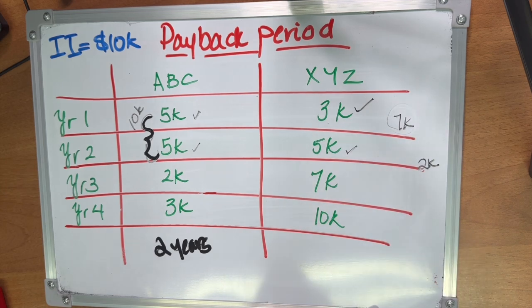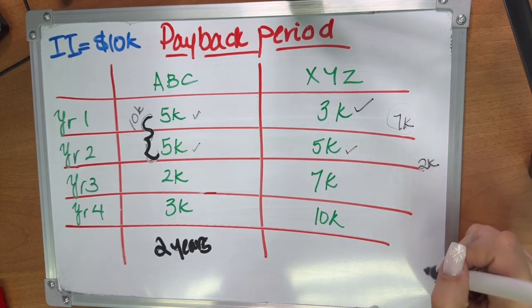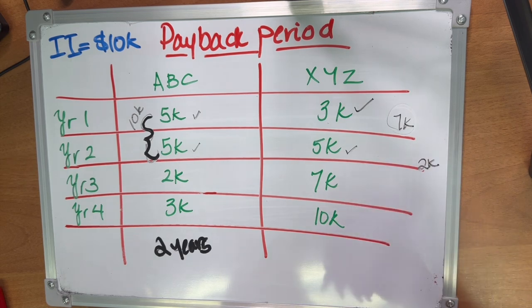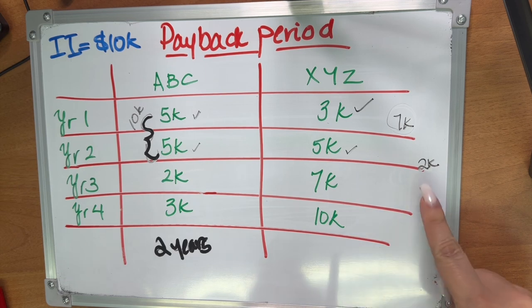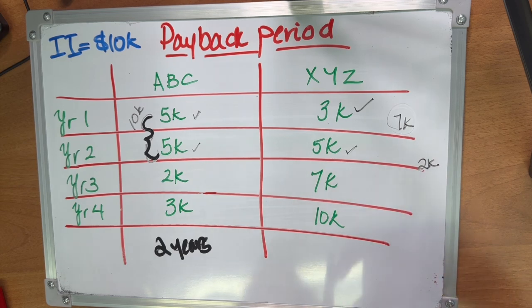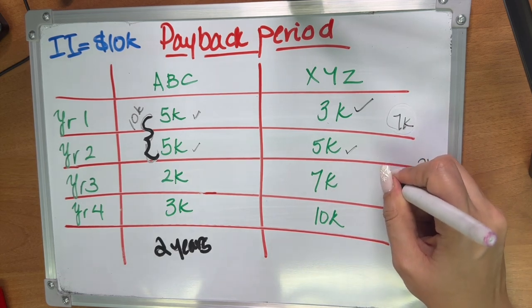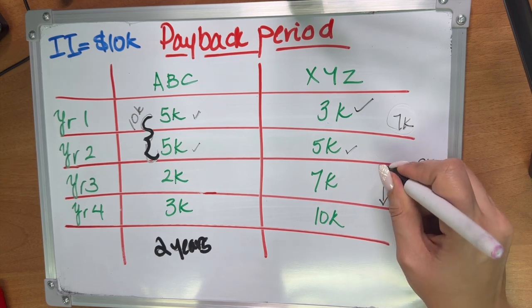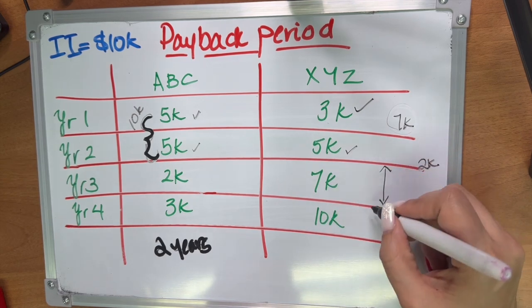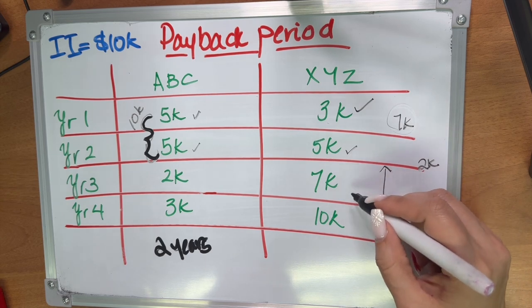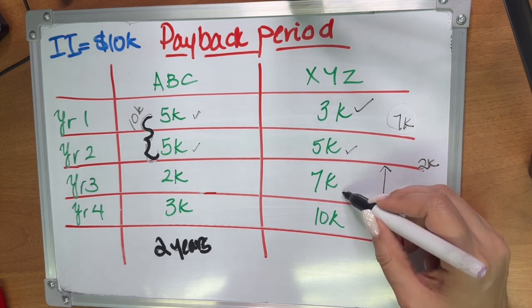In year 2, I get 5,000, so 2,000 remains. And then I come to year 3, I receive 7,000, but I only need 2 to get my payback, okay? So I know that my payback period falls between years 2 and 3, because I only need 2,000, but I actually get 7.